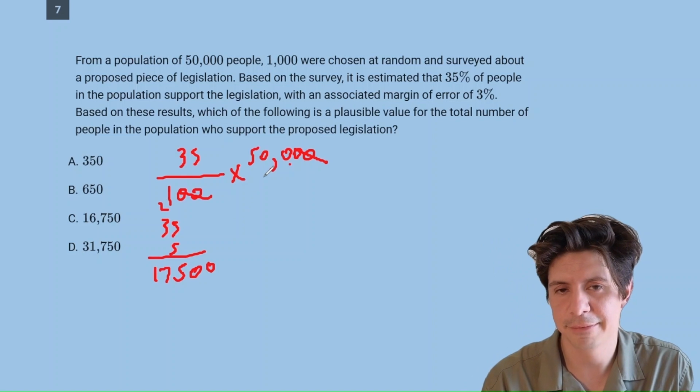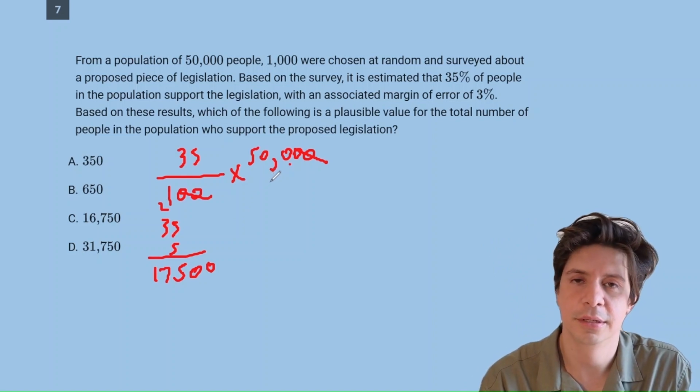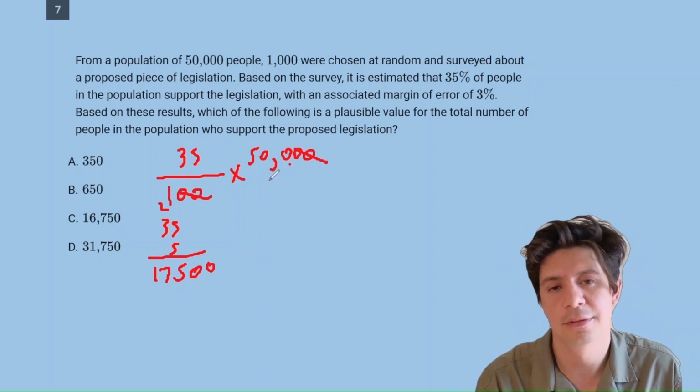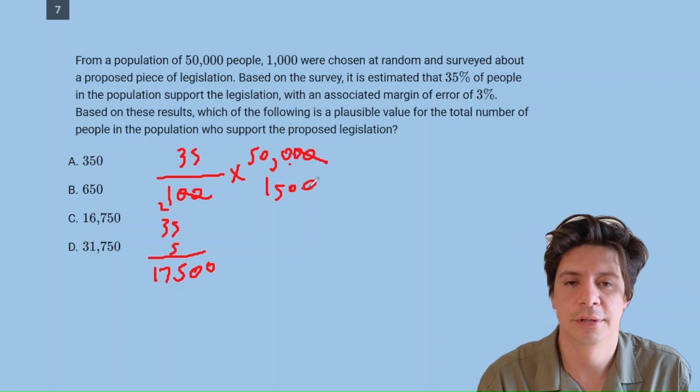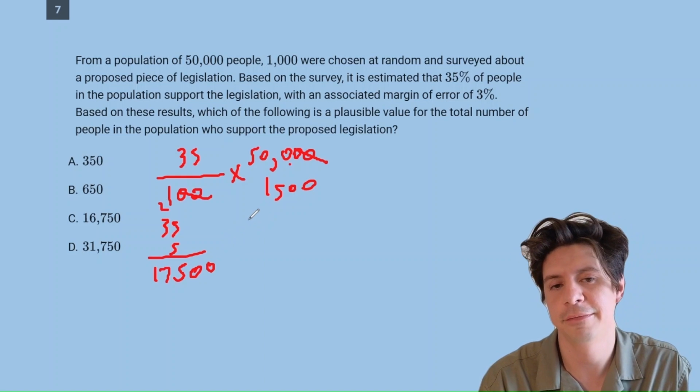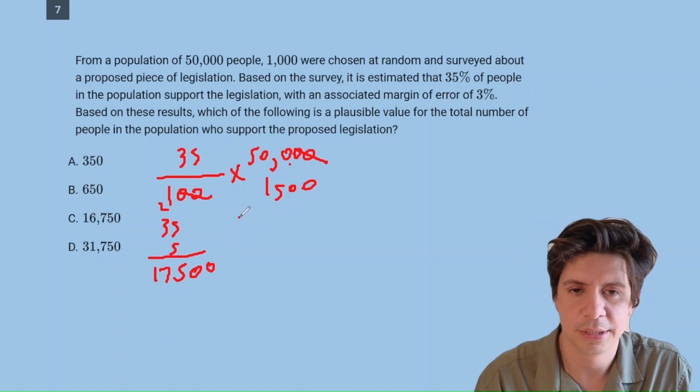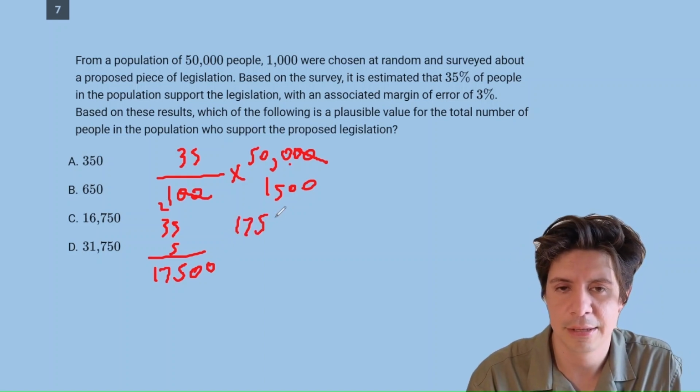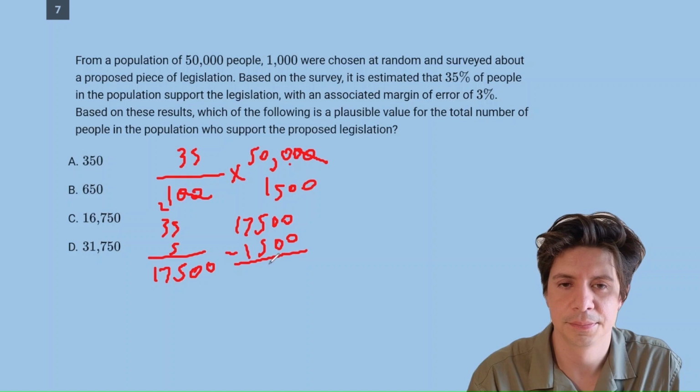So 3% of 50,000 is going to be, anyone know? 1,500, right? So we're going to subtract 1,500 and add 1,500 to 17,500. So 17,500 minus 1,500 gets us 16,000.